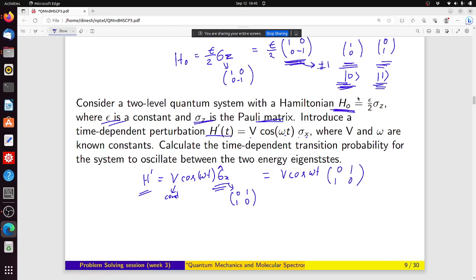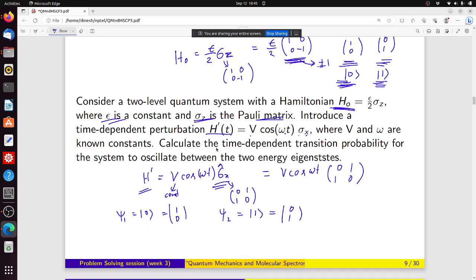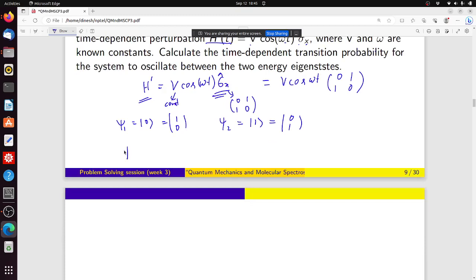So my psi 1 is the 0th state, which is 1 0, and my psi 2 is the first state, which I can represent as 0 1.